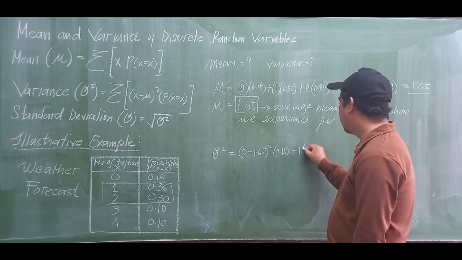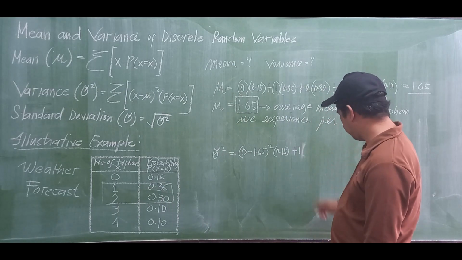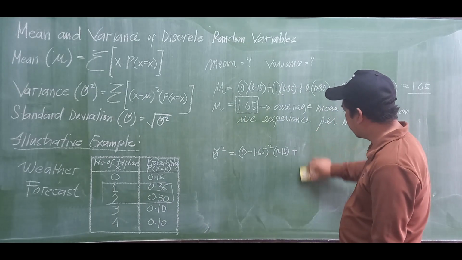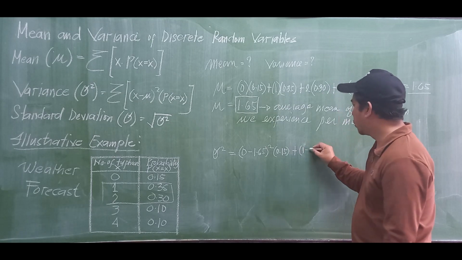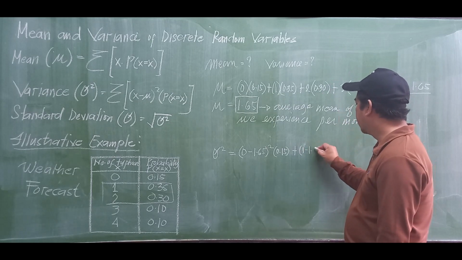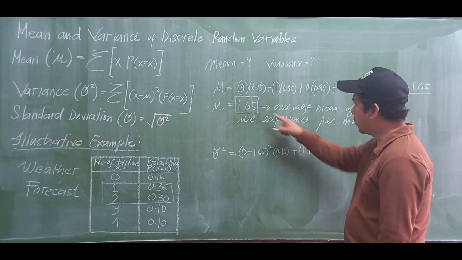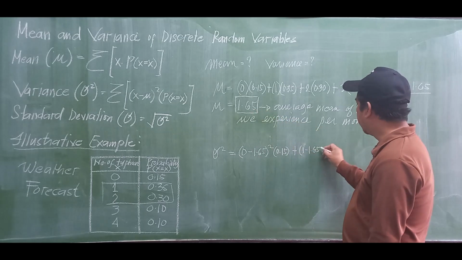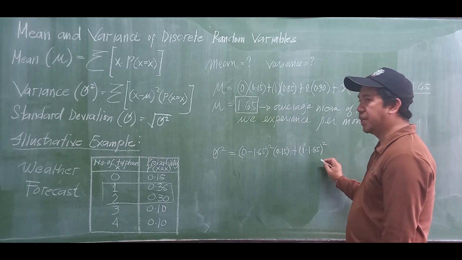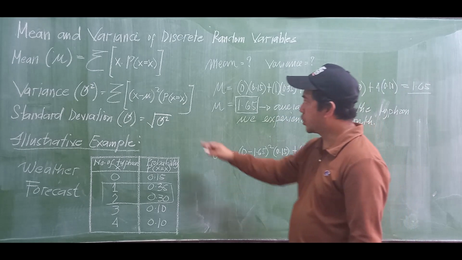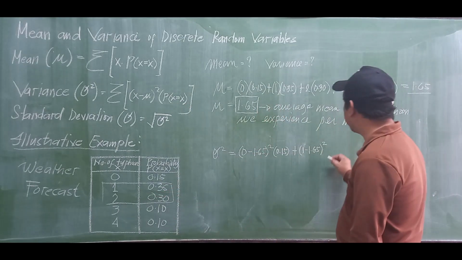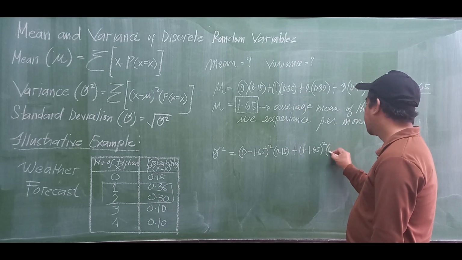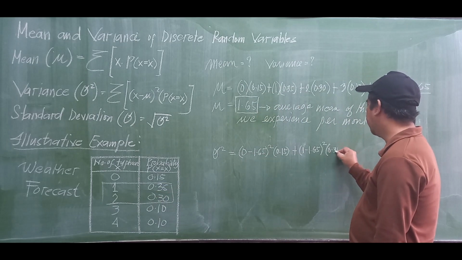That is 1 minus, that is actually quantity 1 minus 1.65, which is the computed mean, and then raised to the second power, multiplied by its corresponding probability, 0.35.